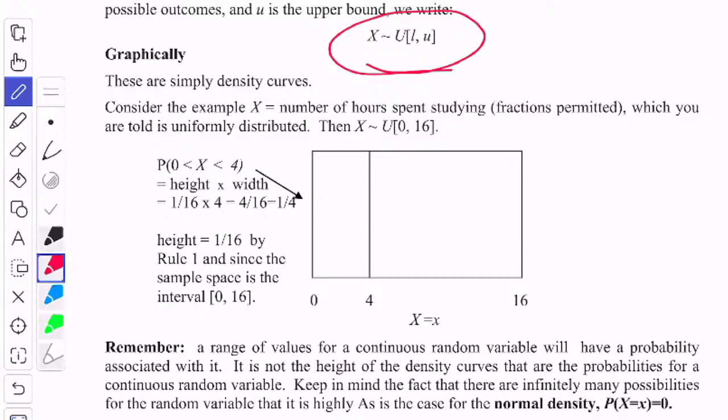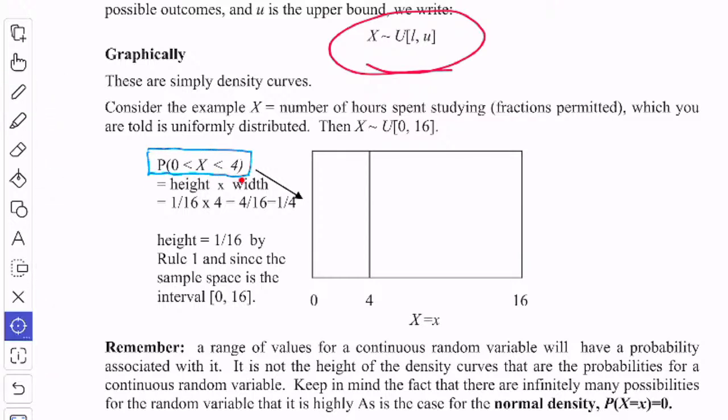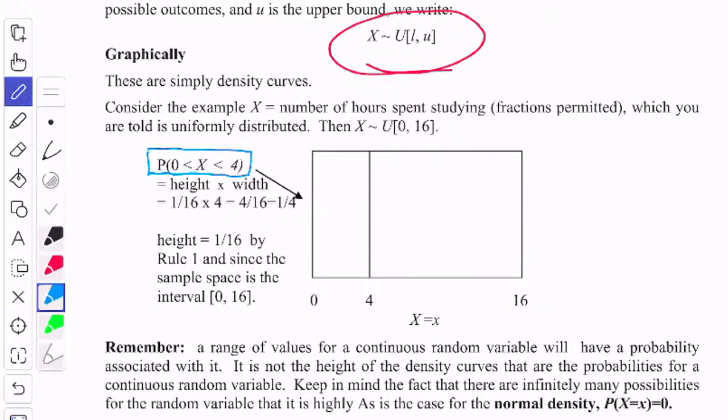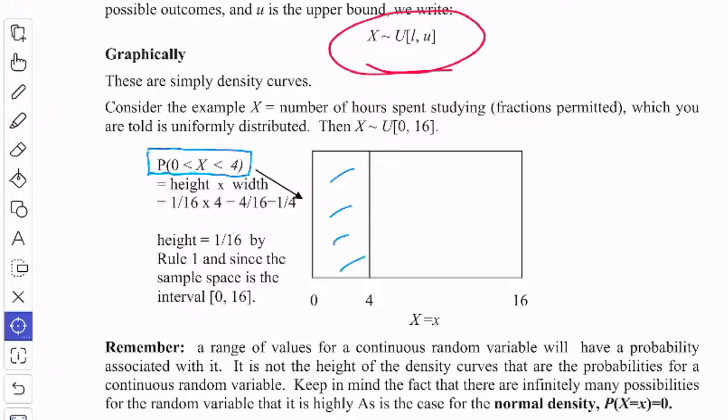Notice how I use a similar looking expression, but it refers to this distribution that's different than normal, right? This is the uniform. So I draw this picture with 0 here and 16 here, and I want to know the area of this rectangle. That's the chance that someone studies between 0 and 4 hours.